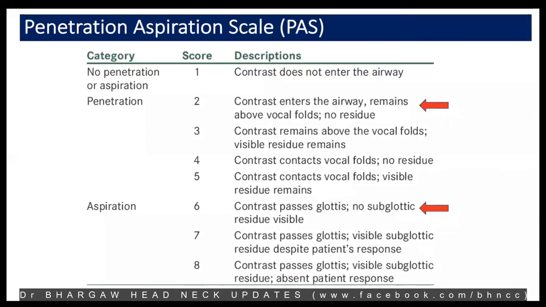Penetration is when the food bolus or the contrast enters the airway, but it remains above the vocal folds, mostly the true vocal cords, and there is no residue. When you have the patient swallow a food bolus and you look at the whole luminal anatomy, or see it in the video fluoroscopy, the food bolus just comes over the airway and then moves down or disappears. That's penetration. Whereas when the food bolus or contrast passes down through the glottis, and sometimes then goes down into the subglottis, that's aspiration.